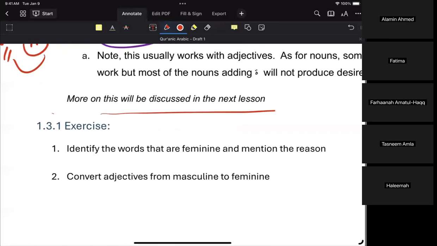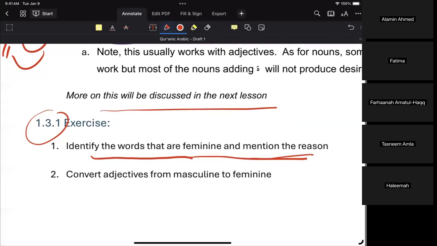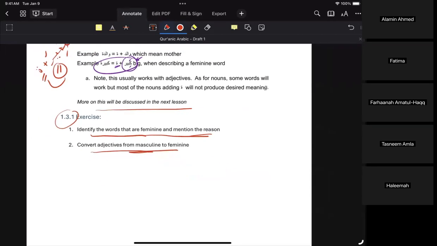So for the exercise, what I asked you guys to do is identify words that are masculine and feminine from the list that I gave you and mention the reason. Why do you think it is feminine? This is something inshallah we'll do right now. And then we also want to convert adjectives from masculine to feminine. Of course, we cannot do all of them, we'll do only some.